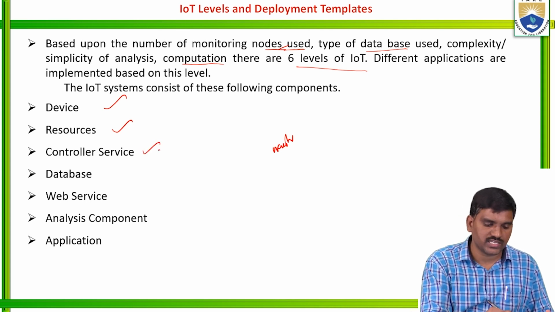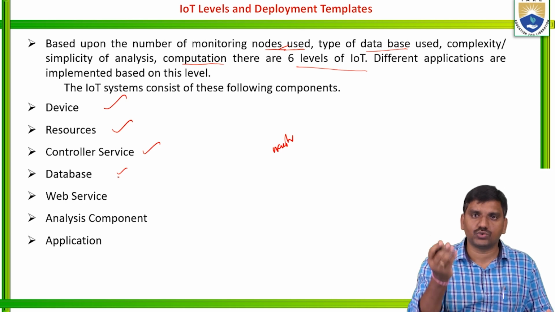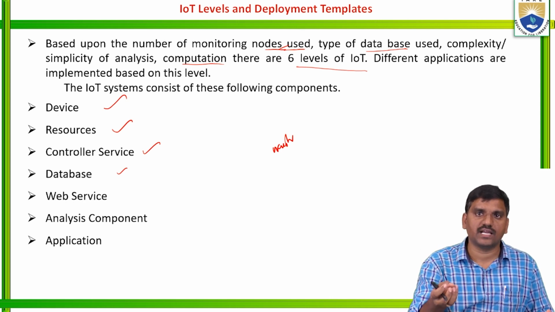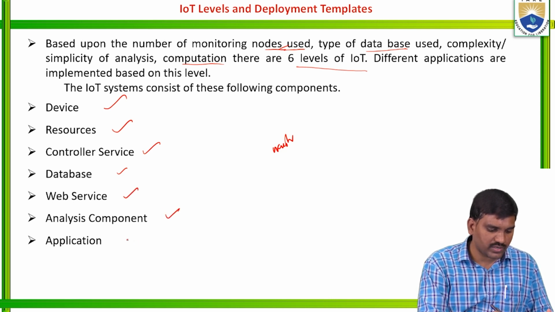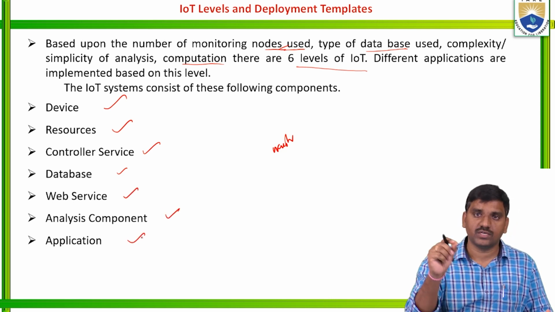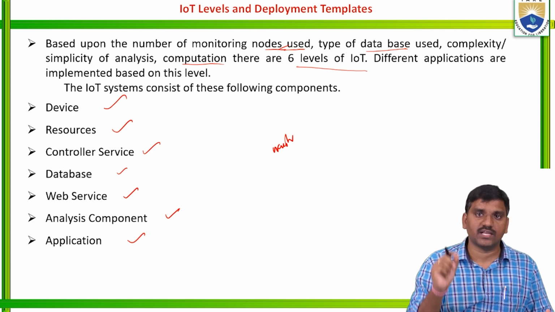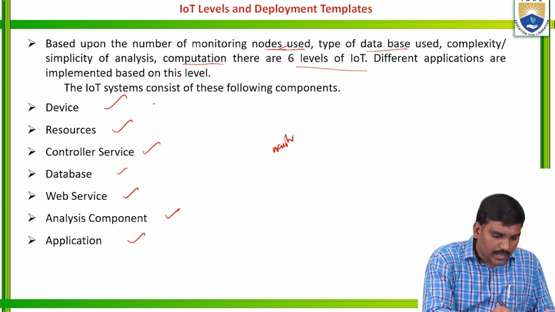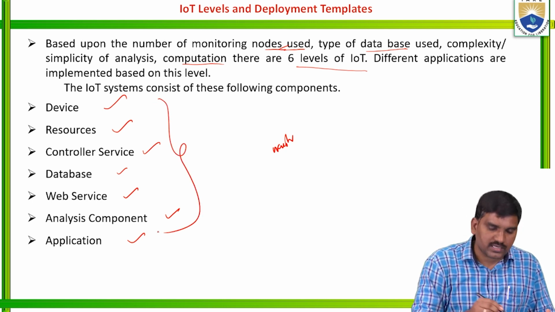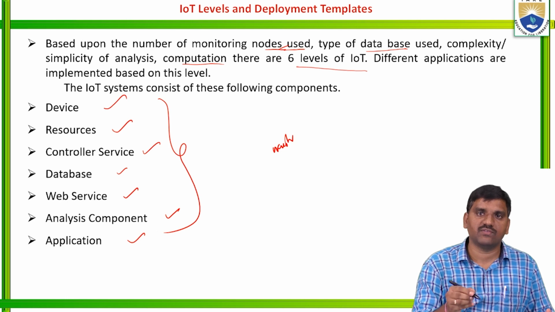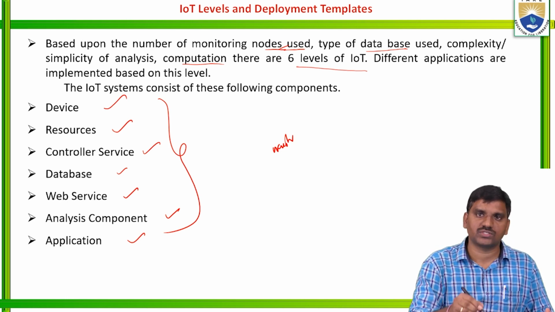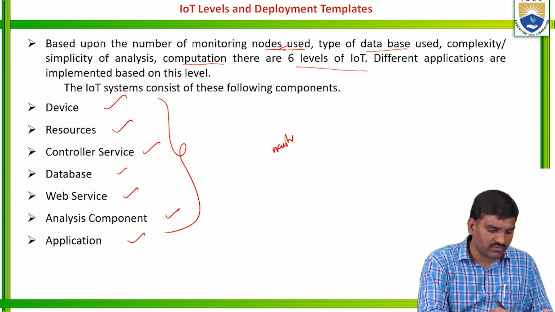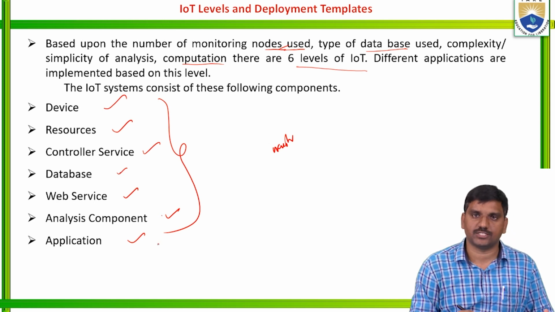Next, control services, and databases, in order to store the data. Next, web services, analysis component, and the application of the particular level, either level 1, 2 or 3, up to 6. So these are the basic components every level of IoT consists of: device, resources, control service, database, web service, analysis component and application.